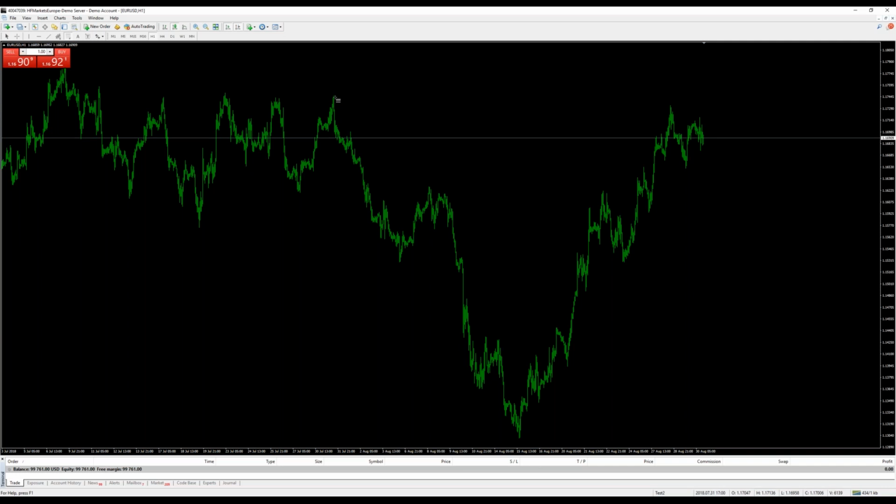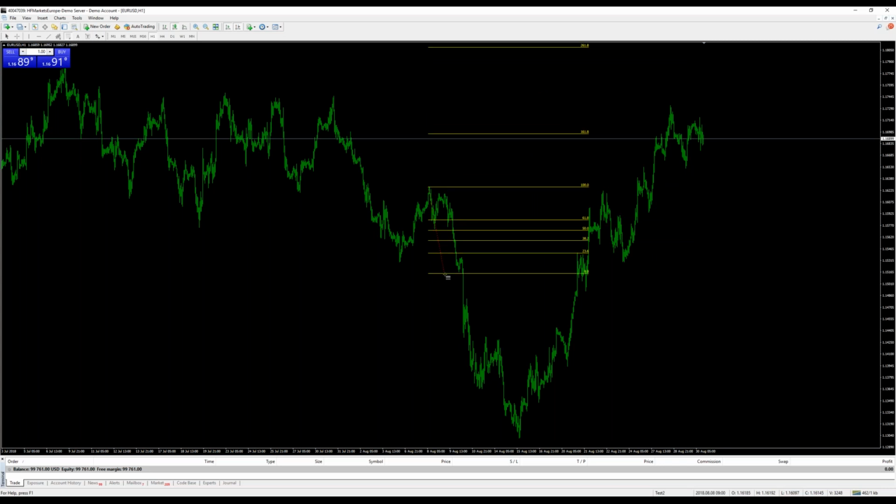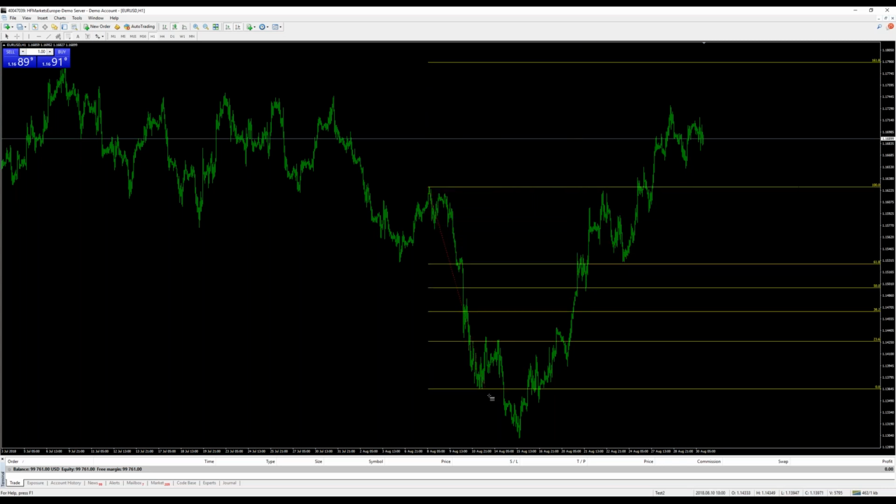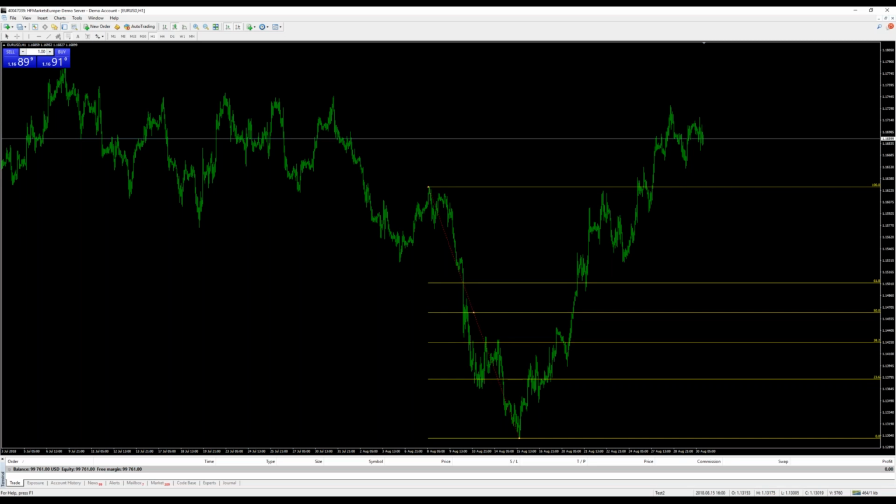What I see here is that the bigger drop, of course, happened already on the 31st of July, but there was, to my visual analysis at least, a significant correction, already a 50% correction here. So I would consider drawing the Fibonacci retracement tool from this point here, if you see it. So you start drawing it from here and you draw it to the very bottom of the lowest low.